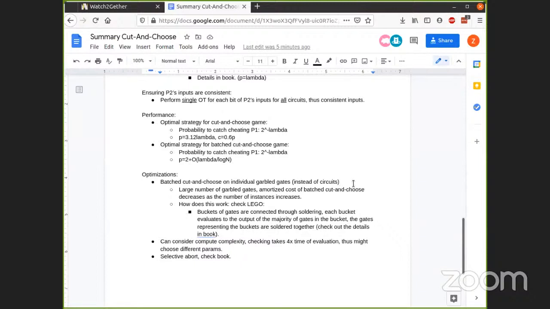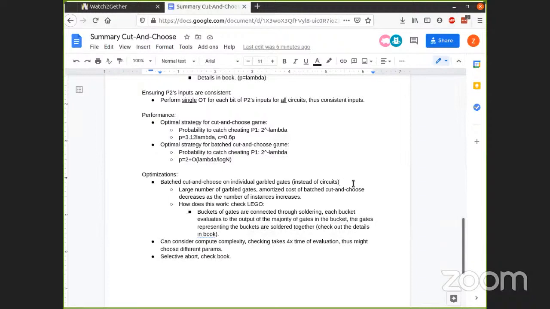Then in the next step, in the evaluation step, player two assigns buckets to each gate, and each bucket sort of represents a gate in the circuit. So it's sufficient if a bucket has a majority of correct gates.